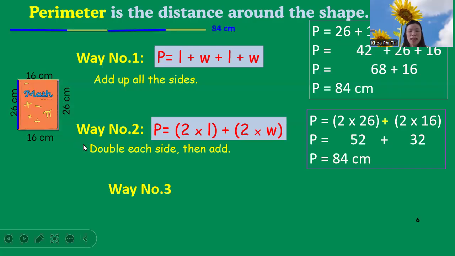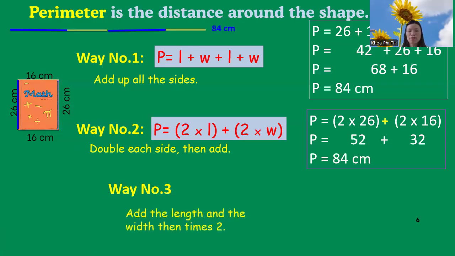It means we have only half the distance. To get the full distance around, we just take that sum and multiply the whole thing by 2. See, that's the formula of way number 3 to calculate the perimeter of a rectangle.